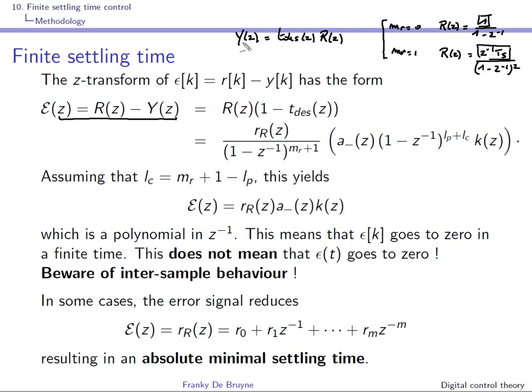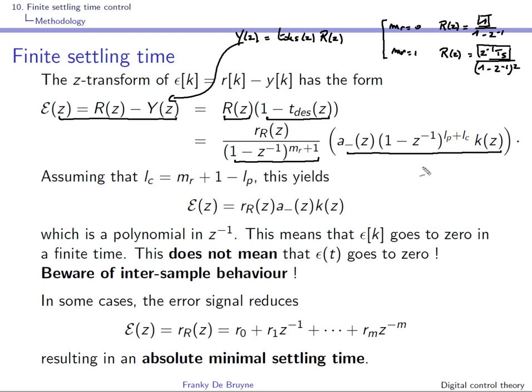So if you inject this one in here, this is what you obtain. This is the general expression for the reference signal, and we can replace 1 minus T desired by our constraint of the previous slide.